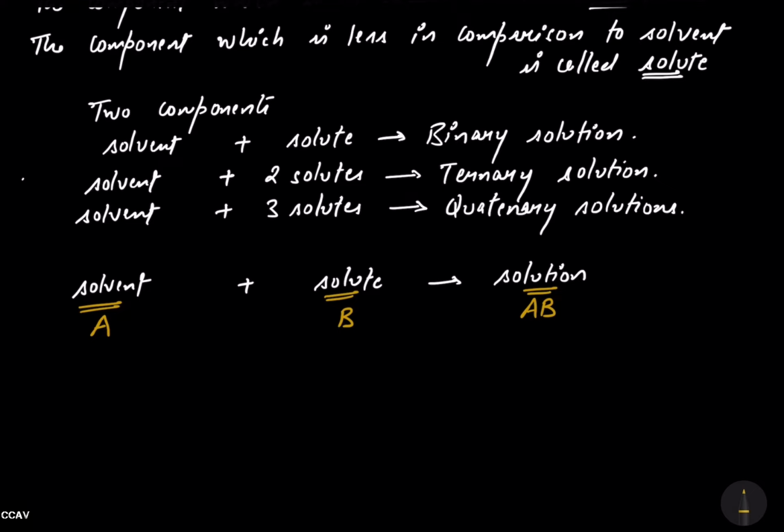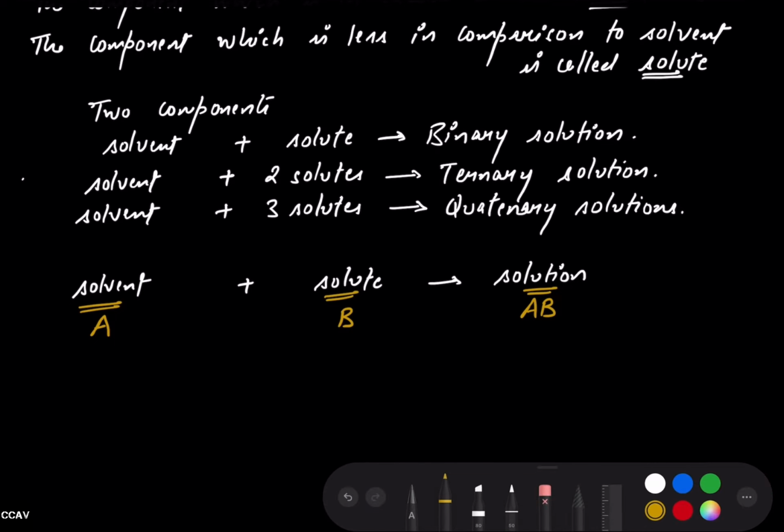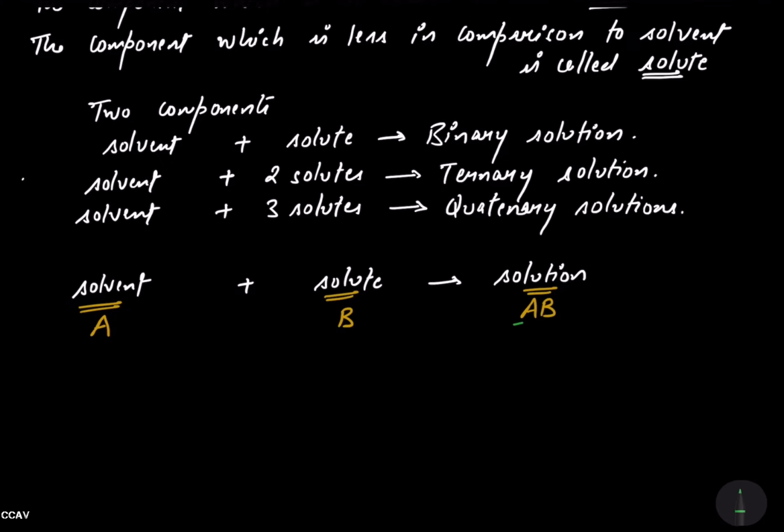My solution is AB. So what's my topic? That's the mass percentage. In mass percentage, I have to find the percentage of mass of A in the total mass of solution, or the percentage of mass of B in the total mass of the solution. So let us talk about the mass percentage of only A. First of all I am solving the mass percentage of A.